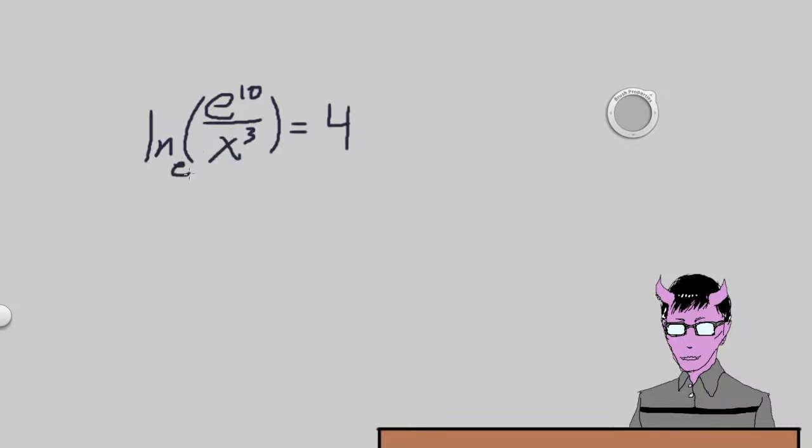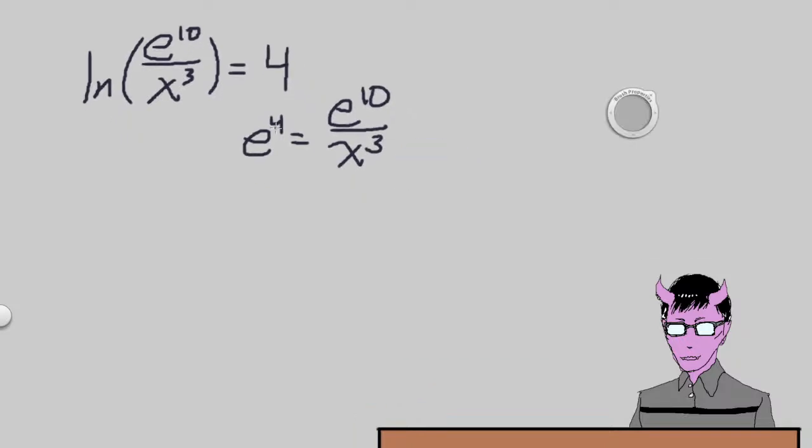So this is again base e to the power of 4 is equal to the argument. So base e to the power of 4 equals the log argument.